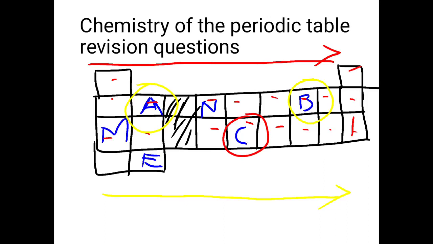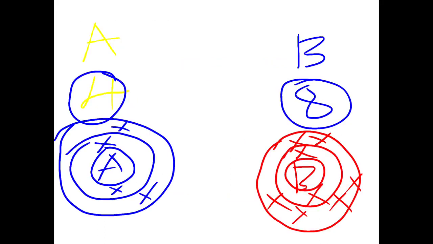Why? Let's check the atomic number of N. The atomic number of N is 1, 2, 3, 4, 5. So if it is 5, that means that its electron configuration is 2 is to 3.